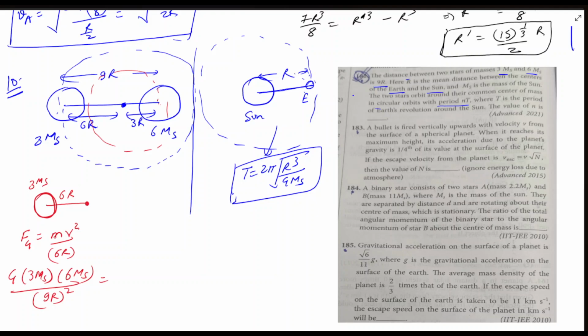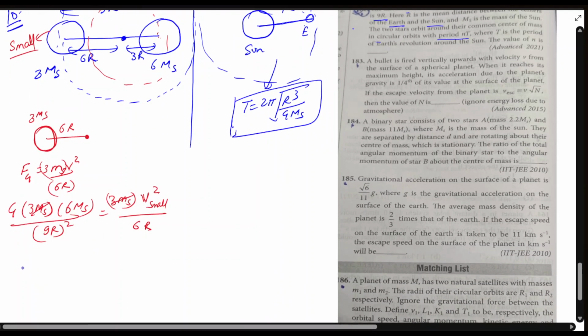And this will be 3Ms v square. Of course, this is the smaller one. Let's just say it is the smaller one, so this is the velocity of the smaller one, upon 6r. So 3Ms will get cancelled, and this will go here.